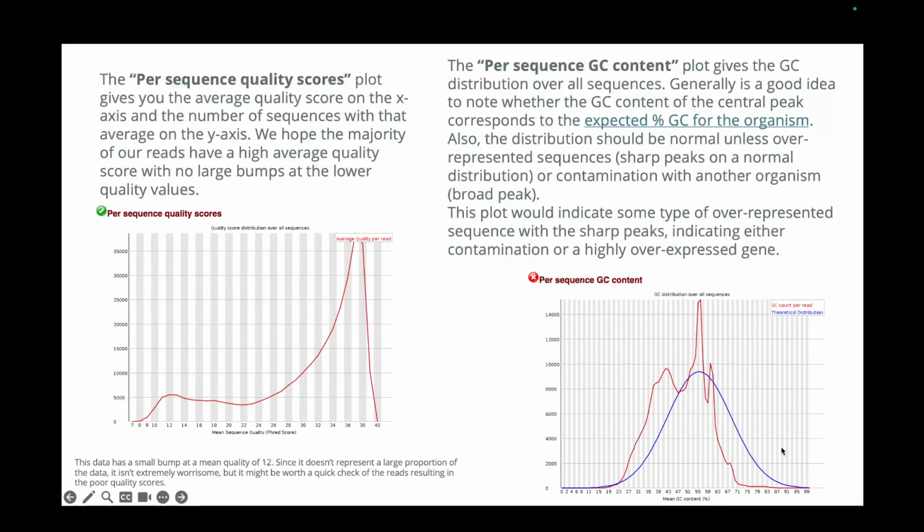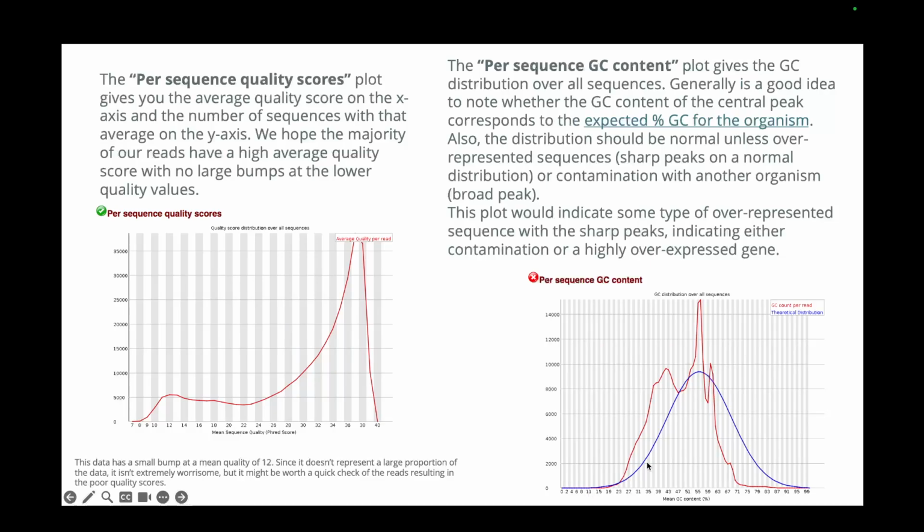The next thing that you check for is the per sequence GC content, which gives you the GC distribution over all sequences. Generally, it's a good idea to note whether the GC content of the central peak corresponds to the expected GC percentage of the organism, because every organism will have an expected GC percentage, and it is different for different organisms. So it is organism specific, just to be clear. And the distribution should look normal.